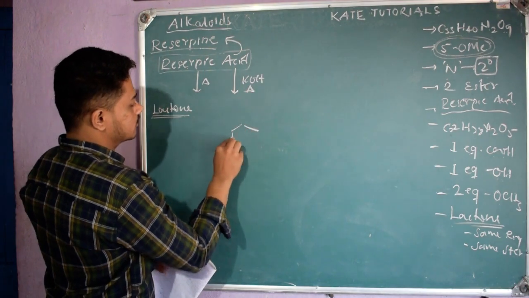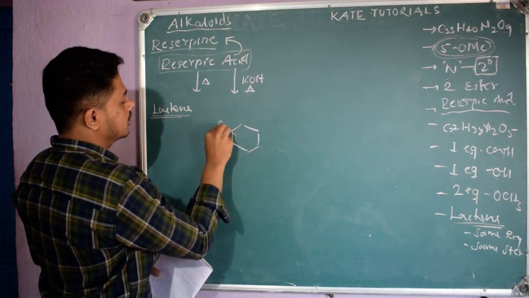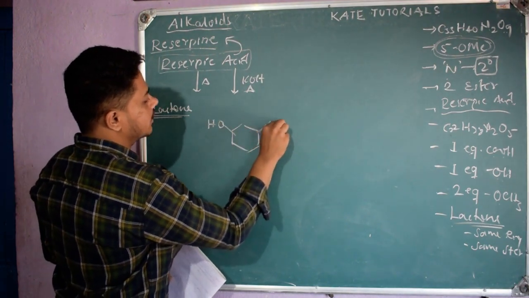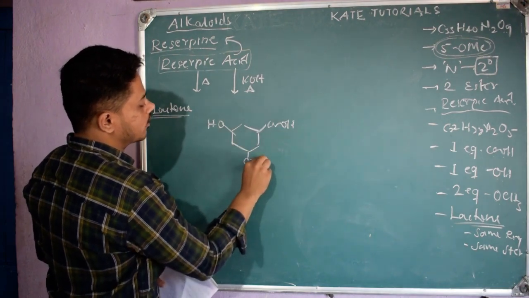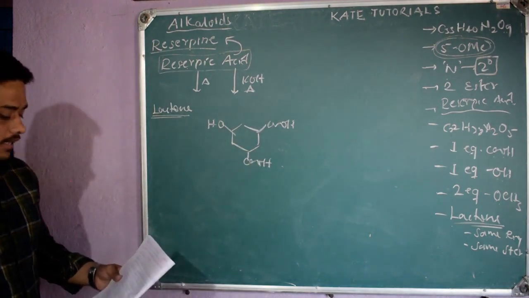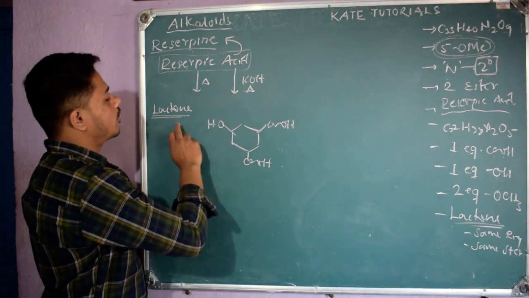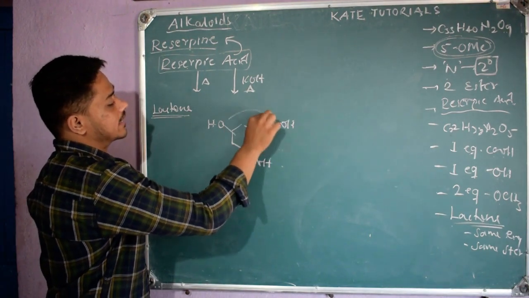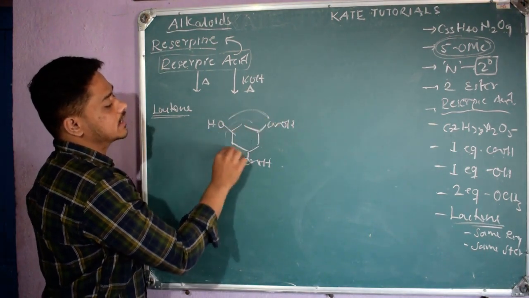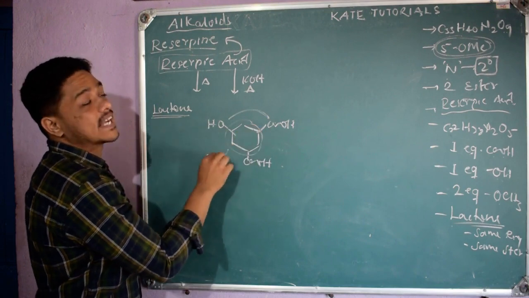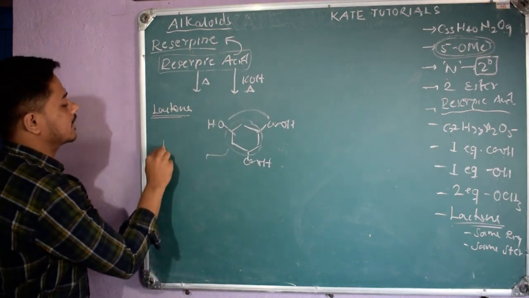Within a ring, there was OH, there was COOH, and one more OH they got here, right? So they concluded that this lactone formation was because of the acid and alcohol present on the same ring forming a cyclic ester, that is nothing but a lactone.